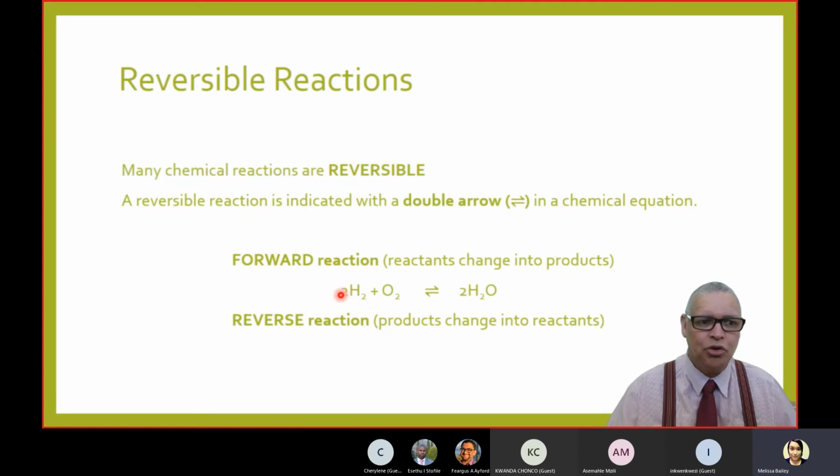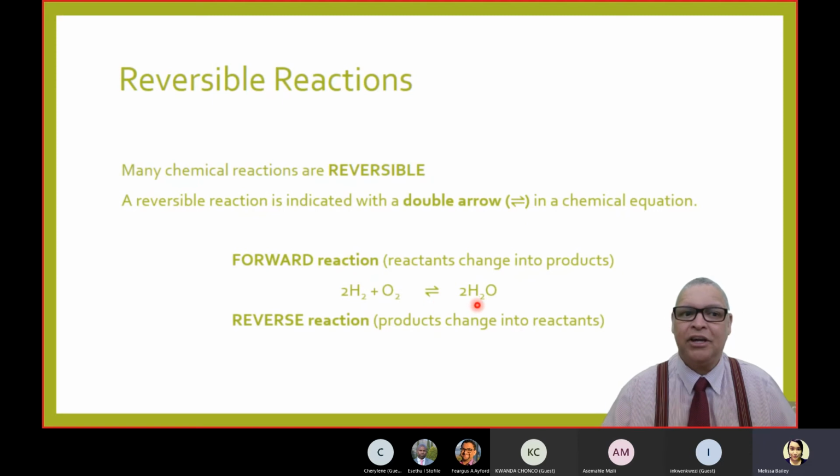So in this case, here we see 2 hydrogen plus 1 mole of oxygen. These are the reactants. There we have our reversible reaction. We've just established that. And now here we have 2 moles of water. So water on the right-hand side represents the products that are formed by the reactants reacting with one another.